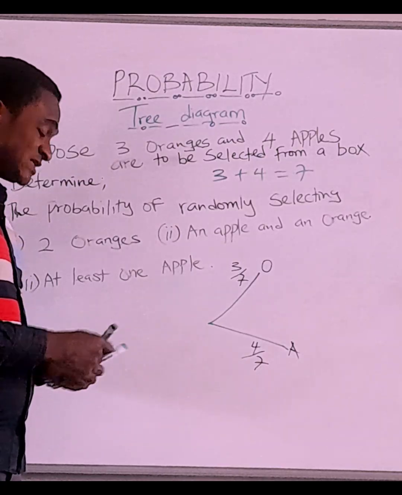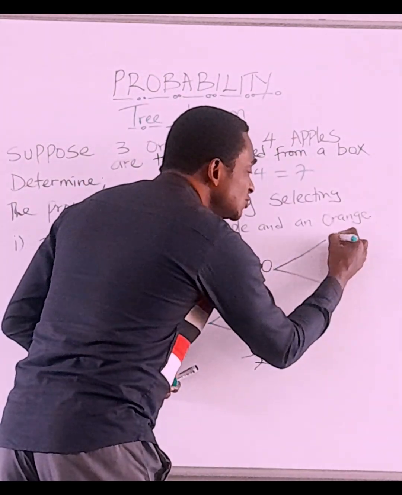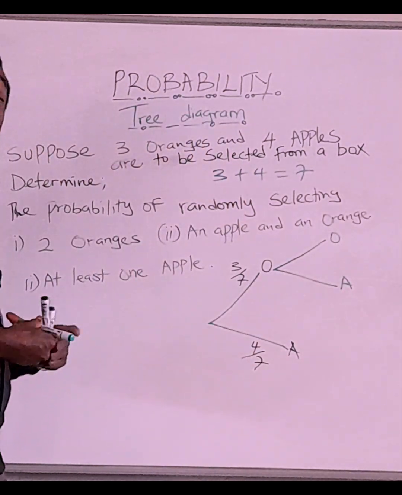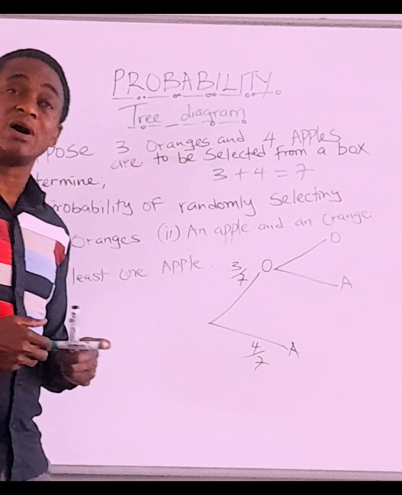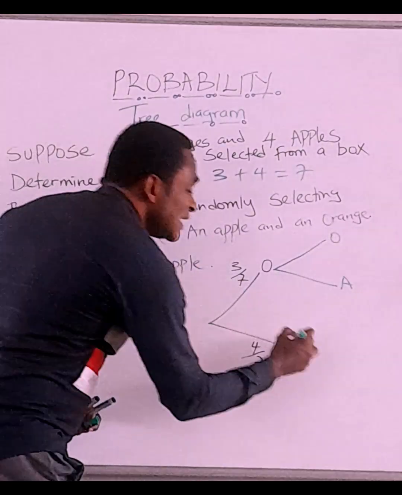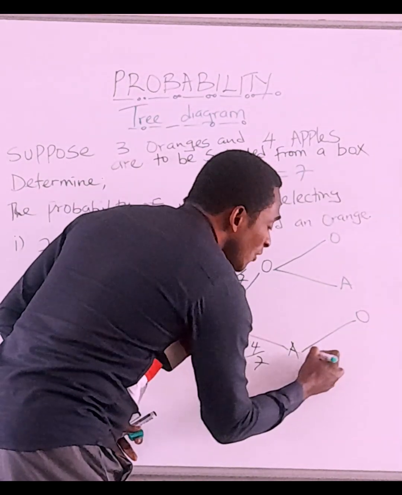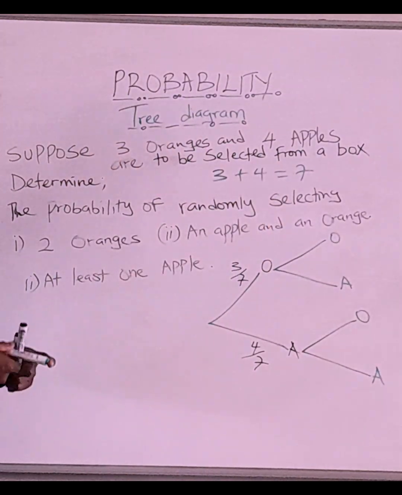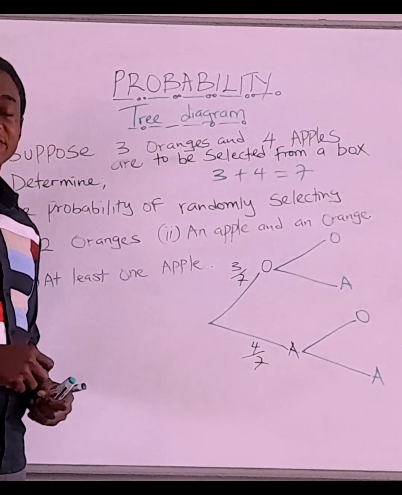If we have a second dip or a second selection, it could also be either an orange or an apple. If the first selection from the box is an orange, the second could be an orange or an apple. If the first selection was an apple, the second can also be an orange or an apple. Now, how do we go about this when the first selection was not replaced?